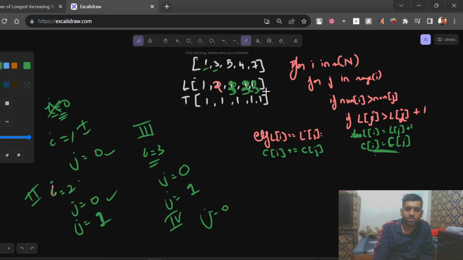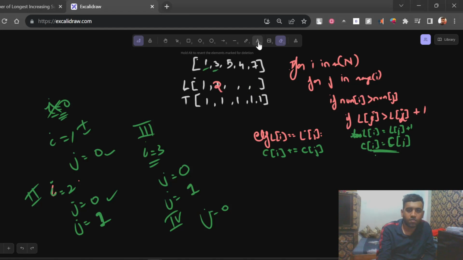We check if Lj is greater than Li plus 1. Yes, indeed it is. So we make it 4 instead. I'll just erase this and make it 4.